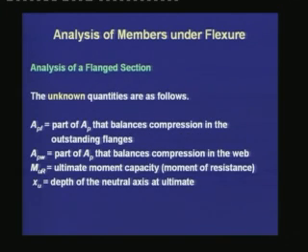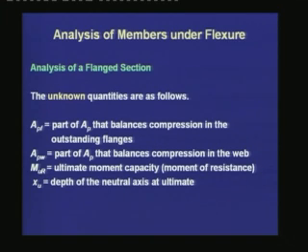Now, what are the unknown quantities in our analysis? First of all, we do not know the individual components of the prestressing steel APF and APW. That is, APF, which is the part of AP that balances the compression in the outstanding flanges, and APW, the part of AP that balances compression in the web. These two components we do not know at the beginning of the analysis.